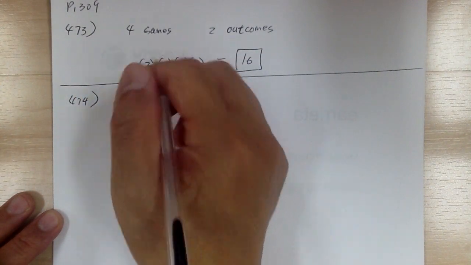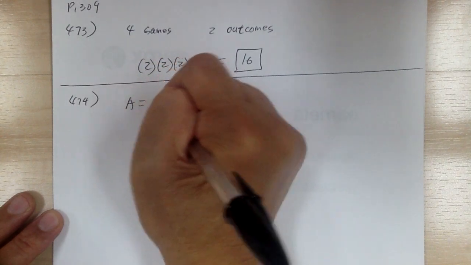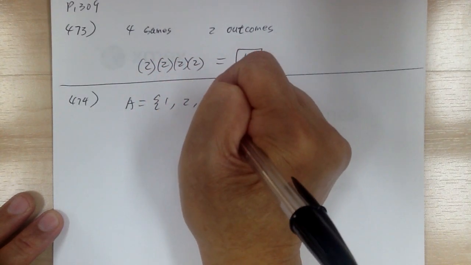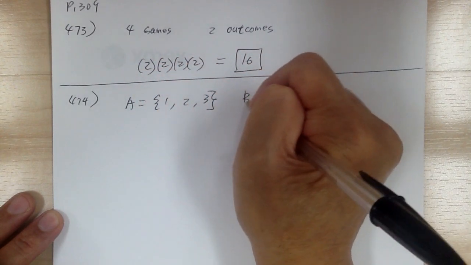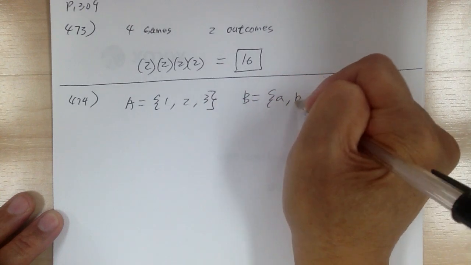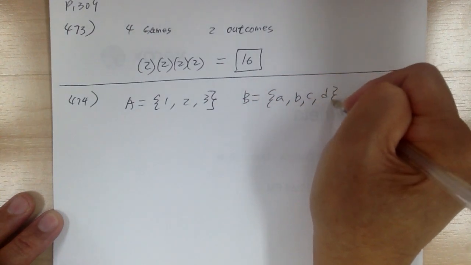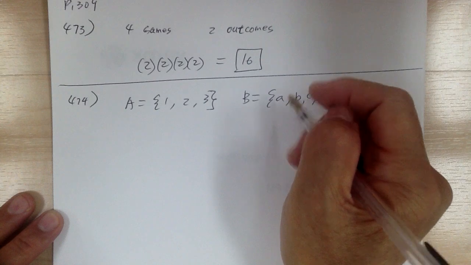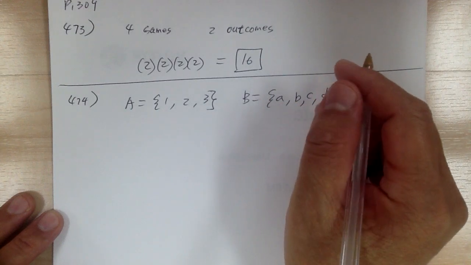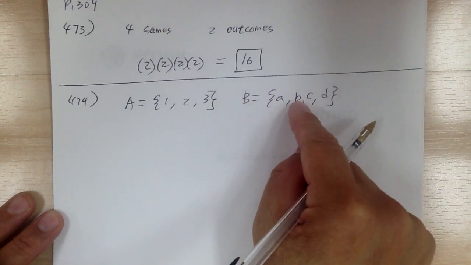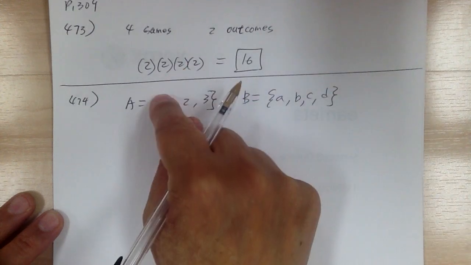Okay, 474. You have set A equal to 1, 2, 3, and set B equal to A, B, C, D. So how many different functions are there that assign one element of B to each one of these?